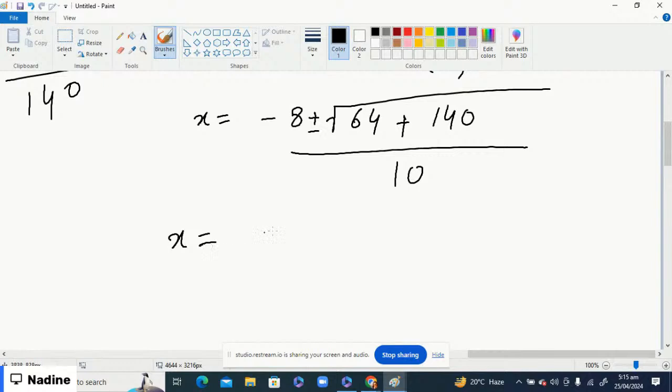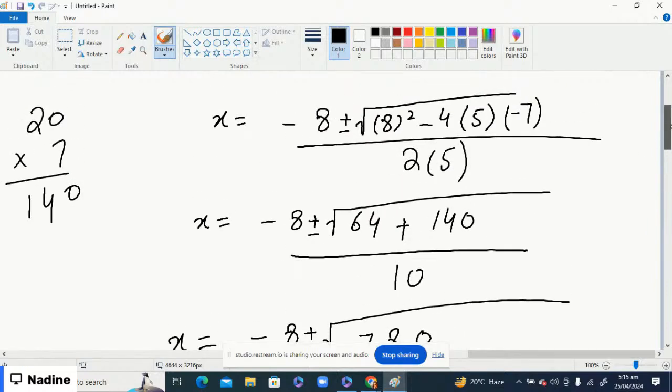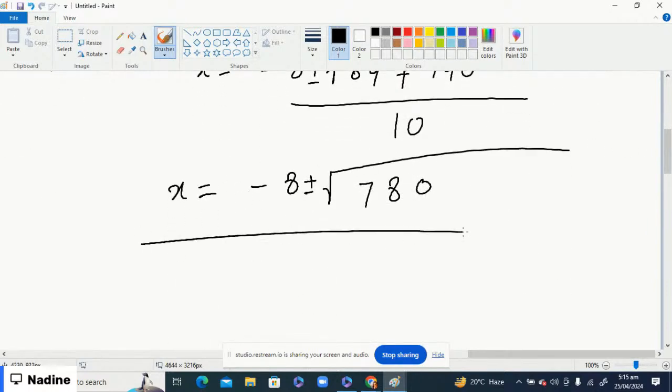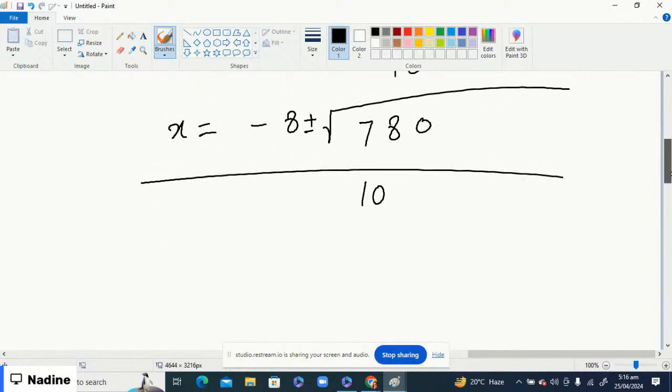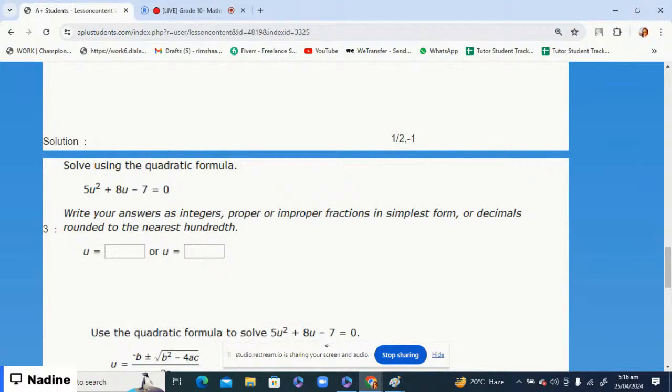Now minus 8 plus minus adding up over 10. Is there any square root of 780? Let's just check it out.